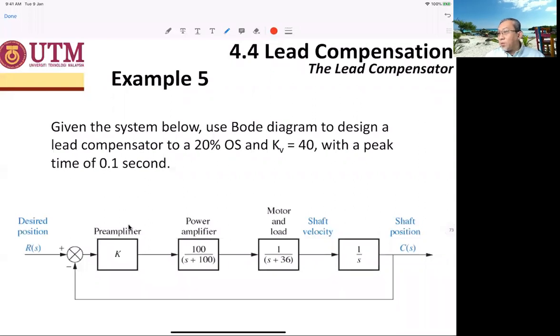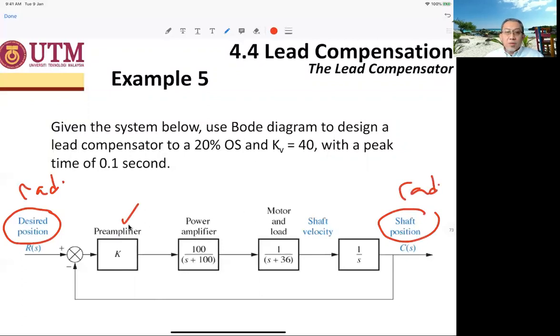And lead compensator also uses the same example, where you have a motor system, okay, with the input being desired position and the output being shaft position. So usually the desired position is in radians, okay, and the output also in radians, okay. And there is a preamplifier, there is a power amplifier, there is a motor and load, and there is a 1/s, okay.